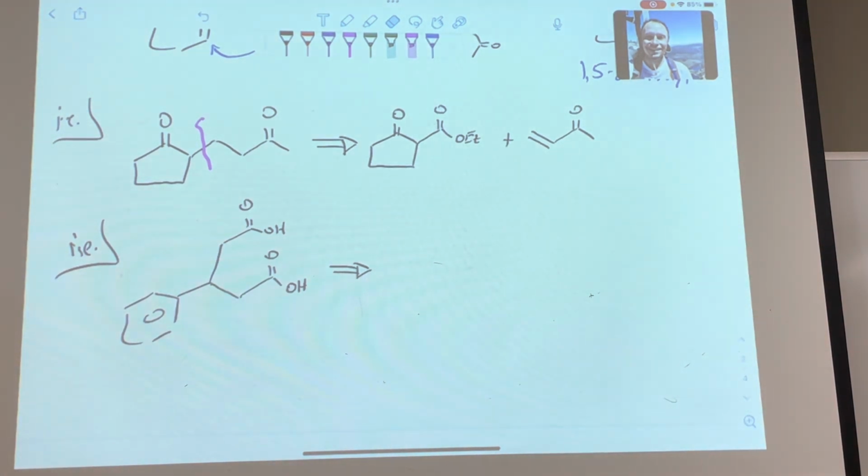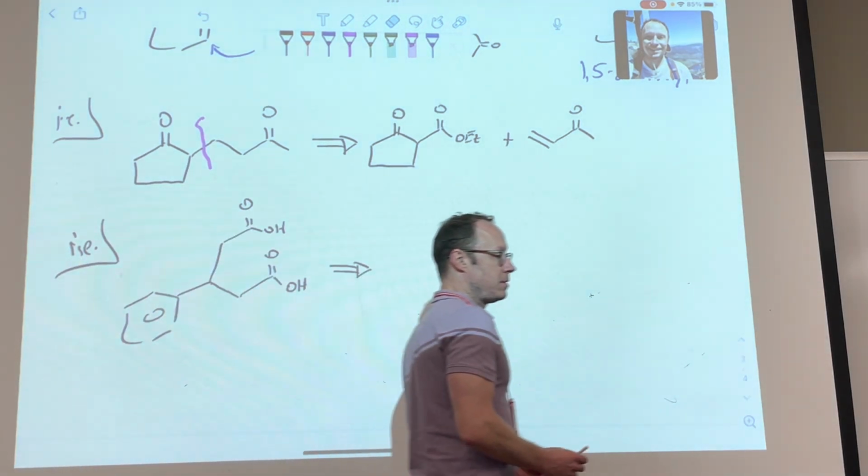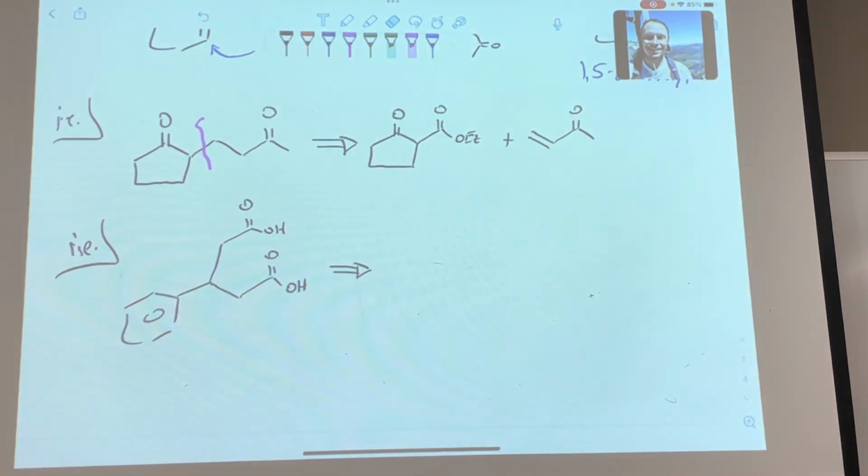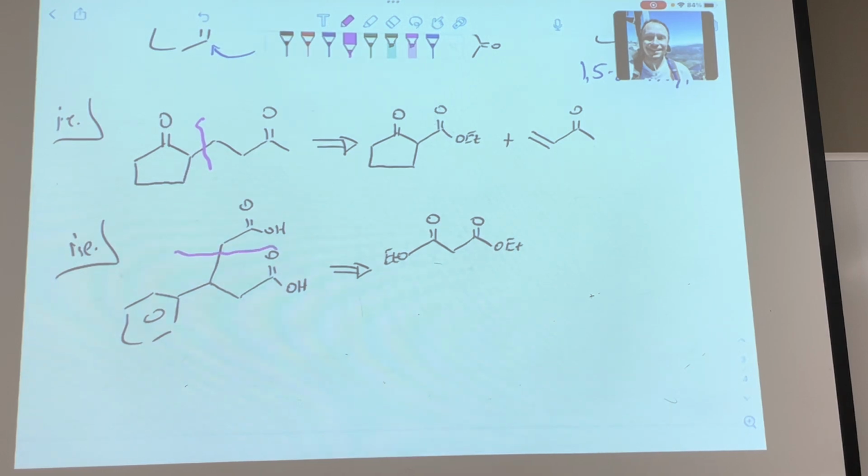So, a malonic ester is technically a Michael donor. So we could potentially use that as a Michael donor. If we did that, there's a couple of ways you could think of doing this, but we cleave the top part of it.